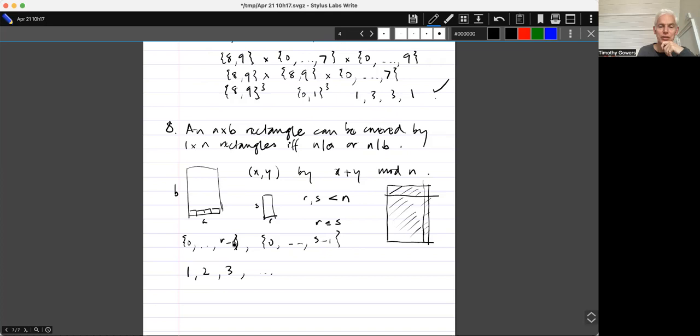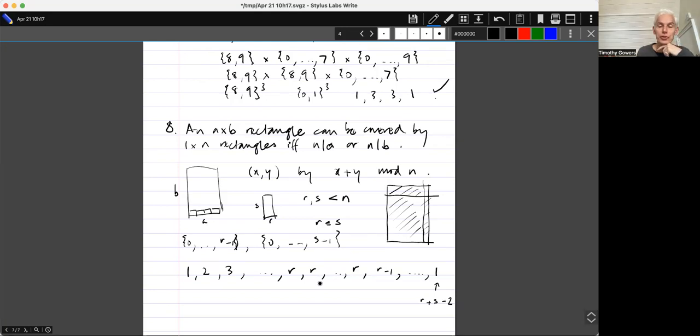So how many ways are there of making r minus 1? We can make it r minus 1 plus 0 all the way down to 0 plus r minus 1. So there are r ways of making it. And then if r is actually less than s, we get r ways of doing things until we reach a certain point, and then it goes back down again to 1, and that 1 is counting the number of ways of making r plus s minus 2.